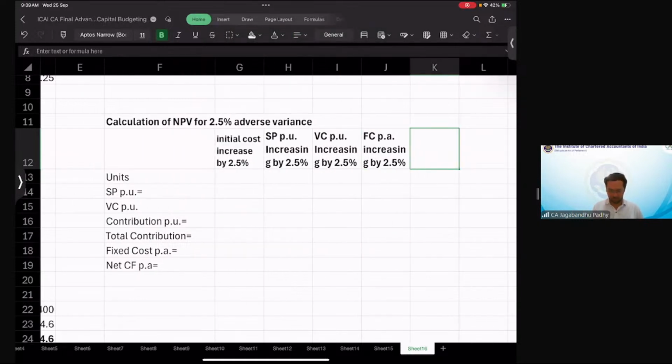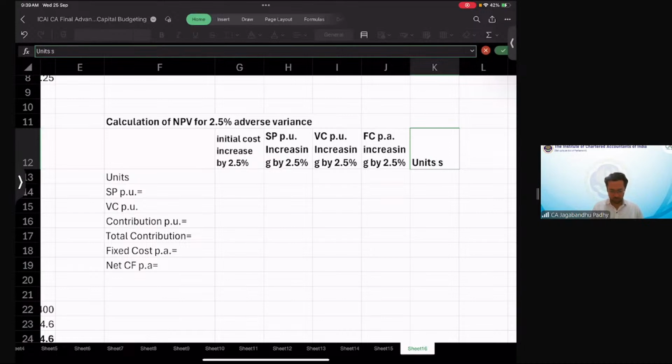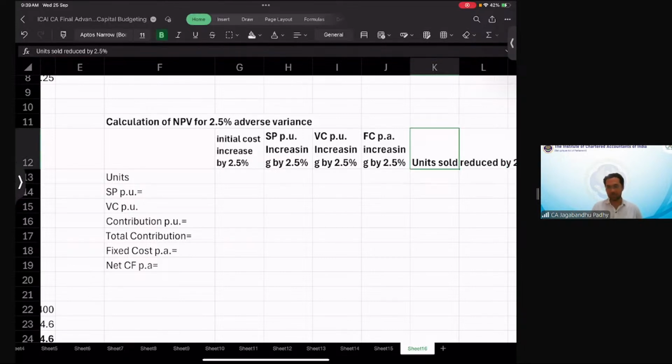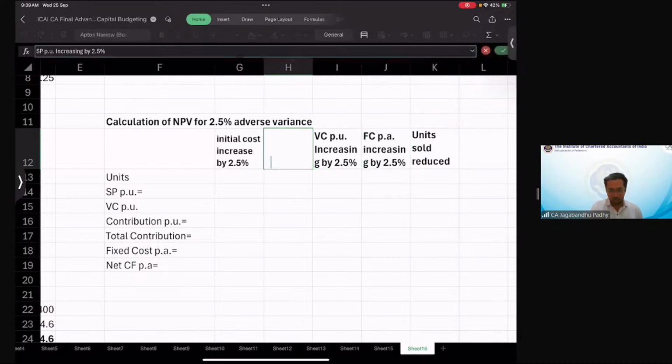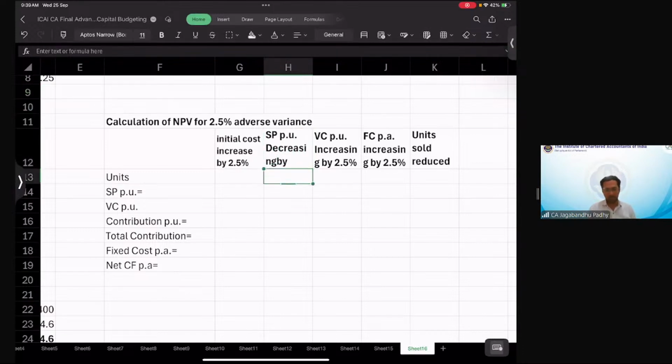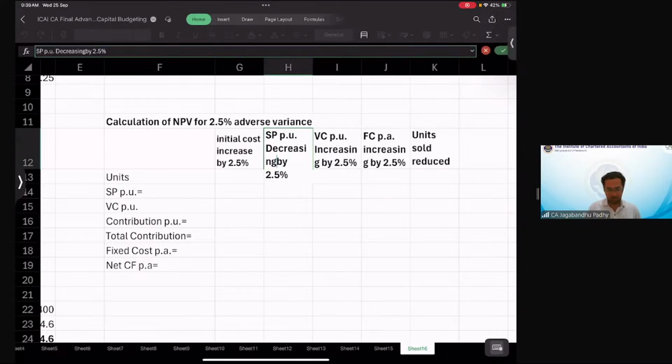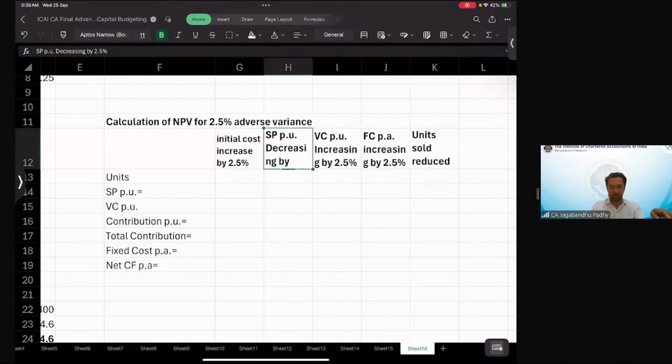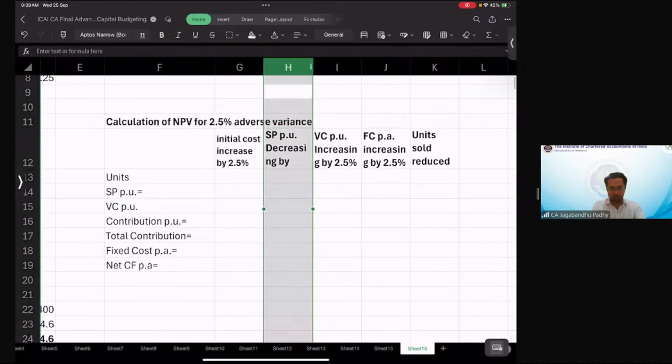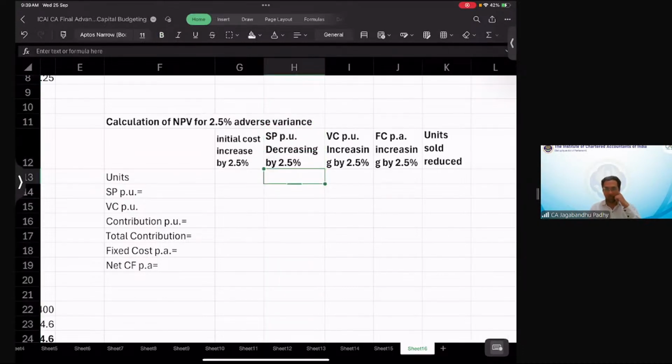And one more thing we can say, units sold reduced by 2.5%. Sorry, yeah, where selling price should decrease, right? Selling price decreasing by 2.5%. Okay, so we have got all the 5 parameters changed.